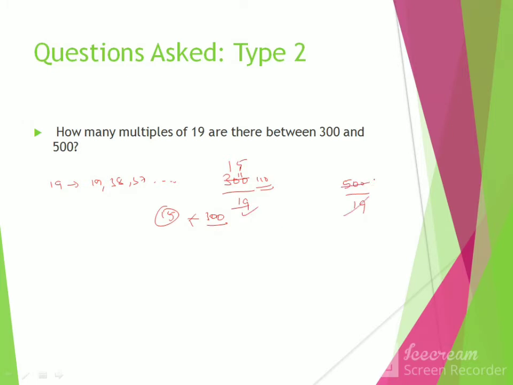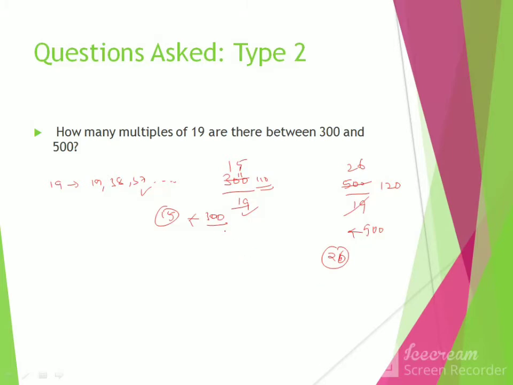Similarly, if you divide by 19, 19 threes are 57. That we cannot go. 19 twos are 38, remaining is 12, beside is 0. Now 19 sixes, as we saw here, is 114, that we can go. It simply means below 500 there will be 26 multiples of 19 which are less than 500.